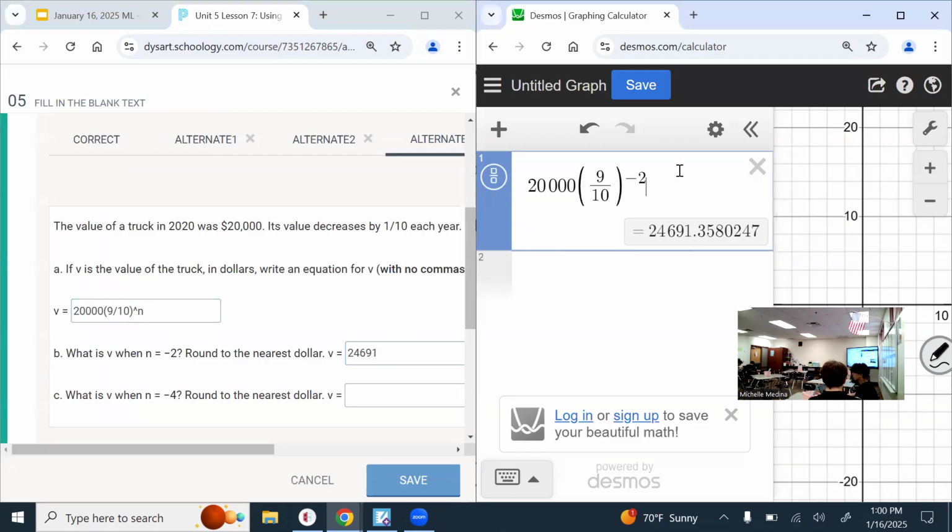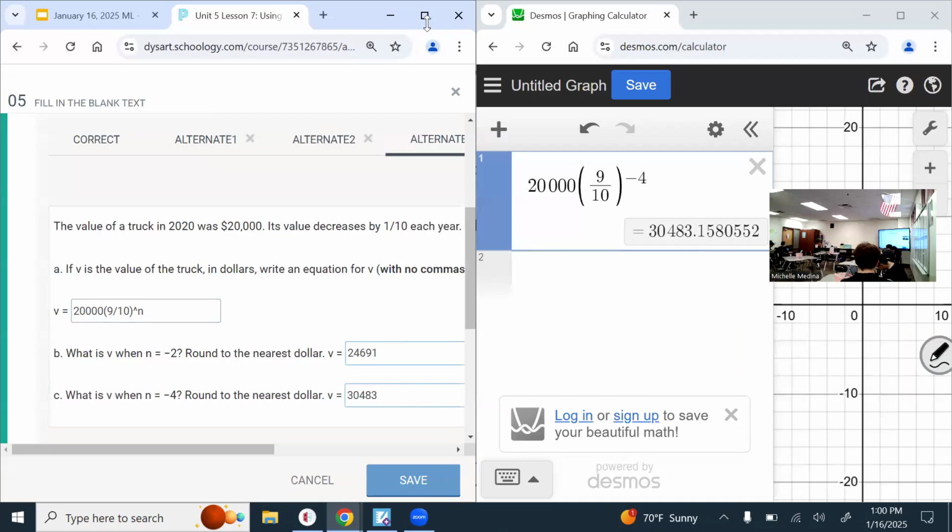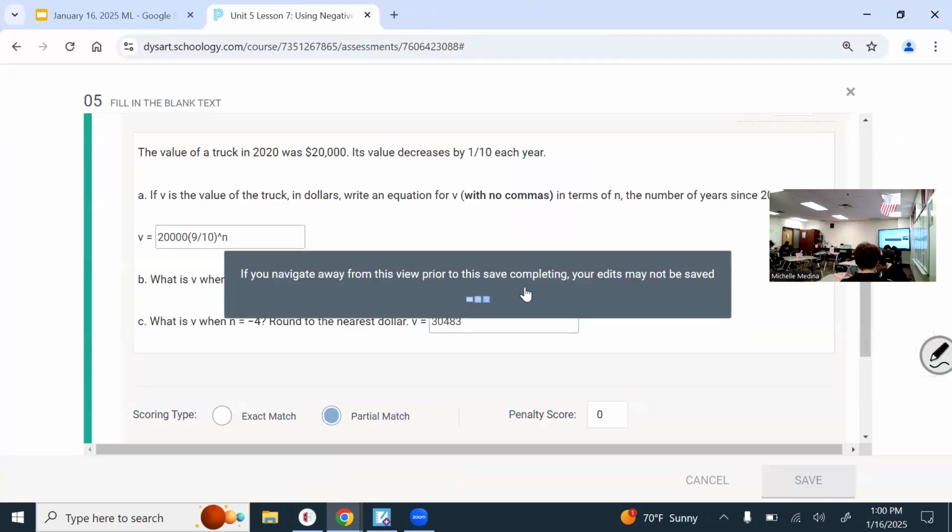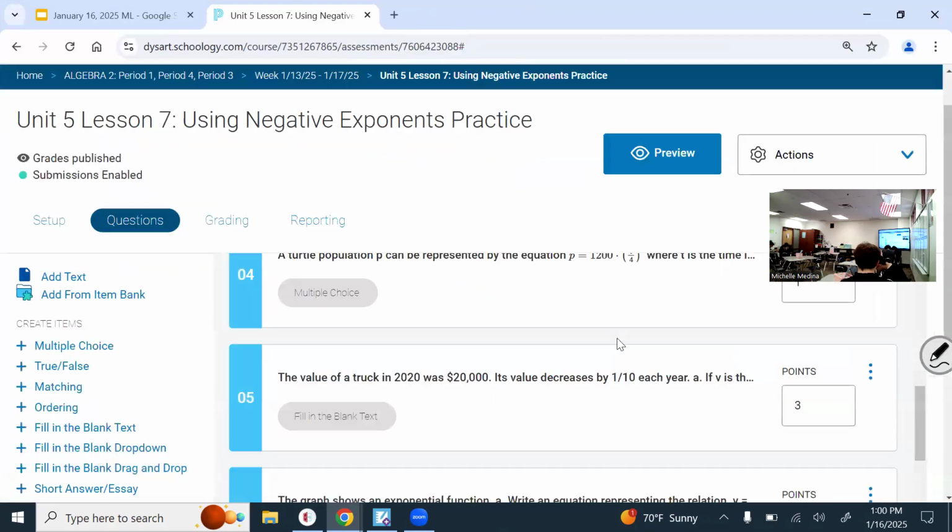Just the computer will mark it wrong unless I put it as another answer. Okay, so I'm going to save it and then it's going to rescore. It'll probably take a while for you to see that point given back, but it will eventually.